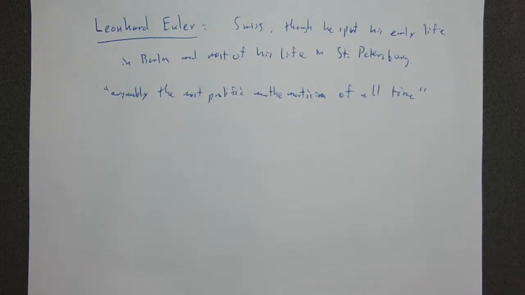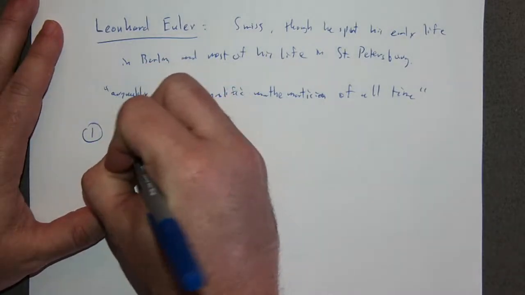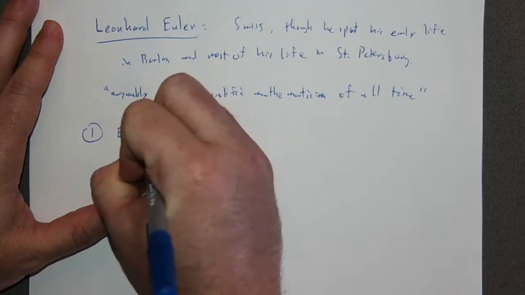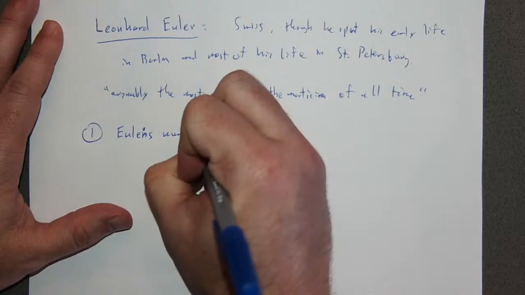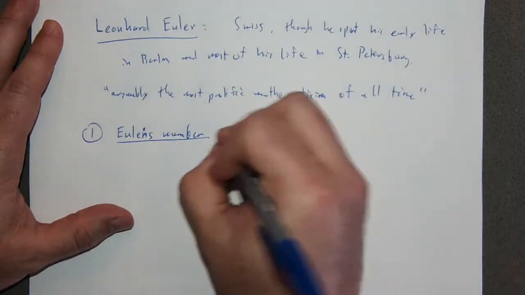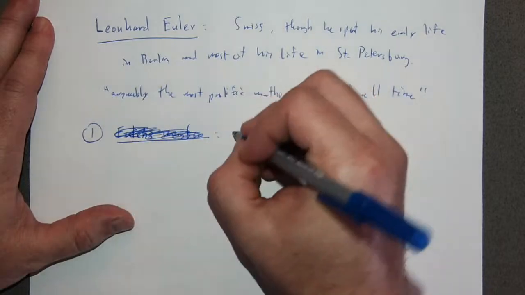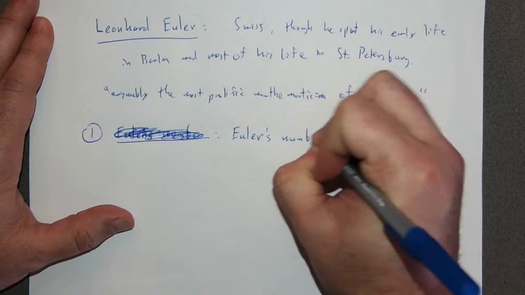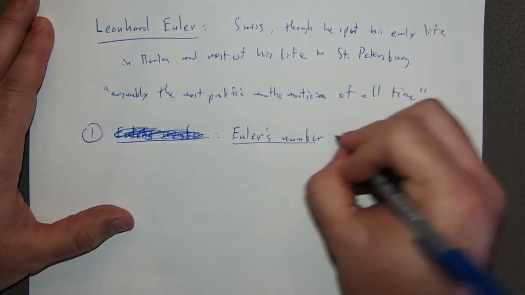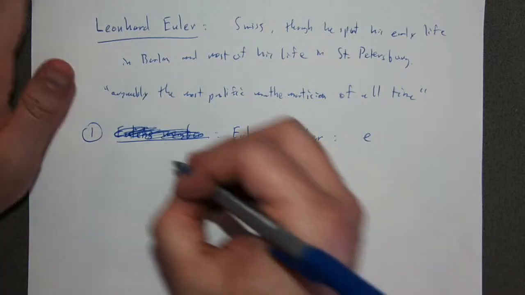Just to go through a few things, one that you are already aware of, almost certainly, is Euler's number. So Euler's number, I made a mess of writing this. So Euler's number e, right? The base of the natural logarithm.